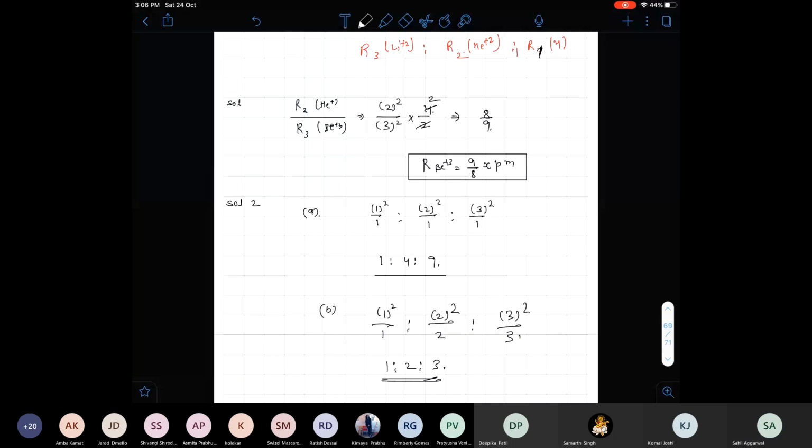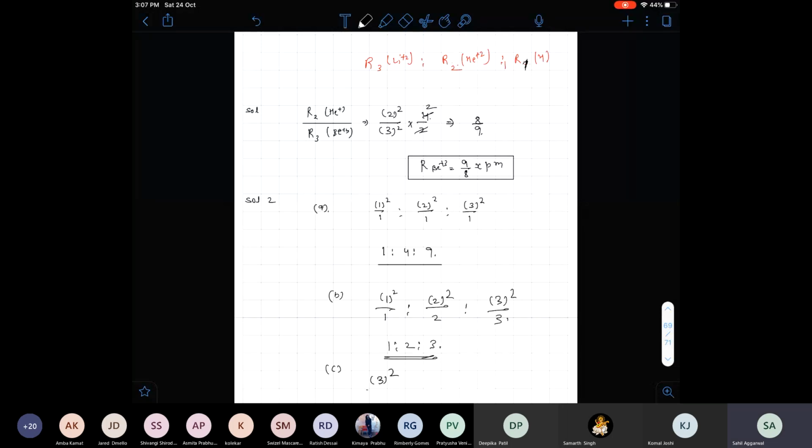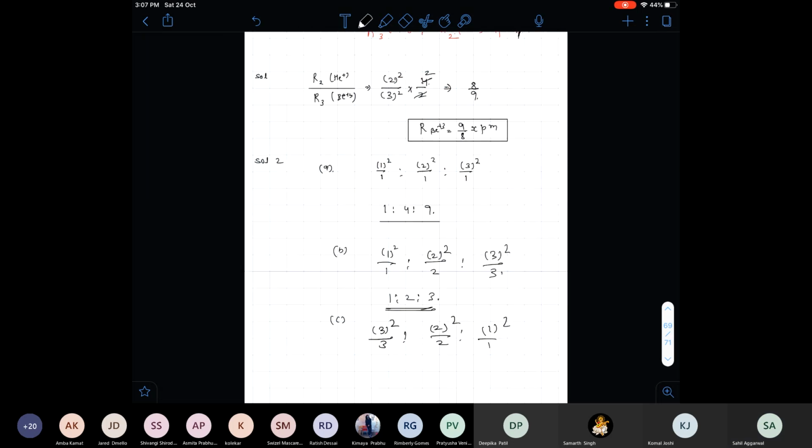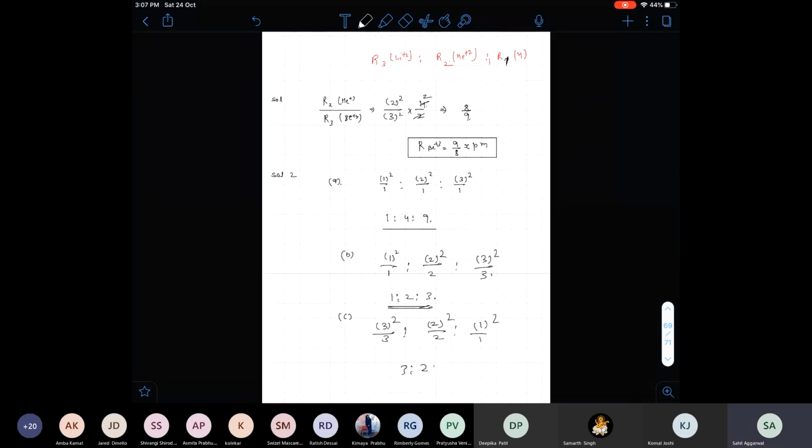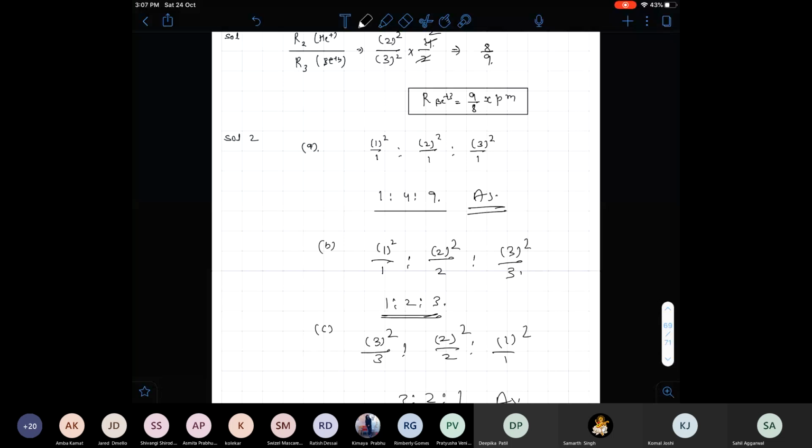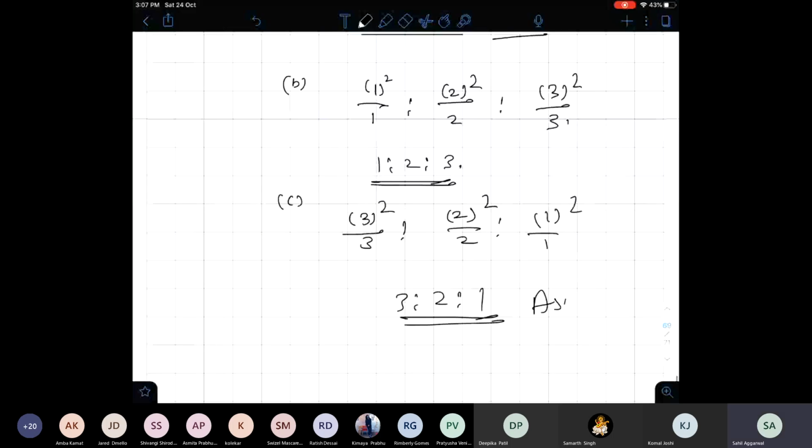N square by Z, n square by Z, n square by Z, n square by Z. This will be 3:2:1. Understood, all of you? Just put the values and you will get the answer.